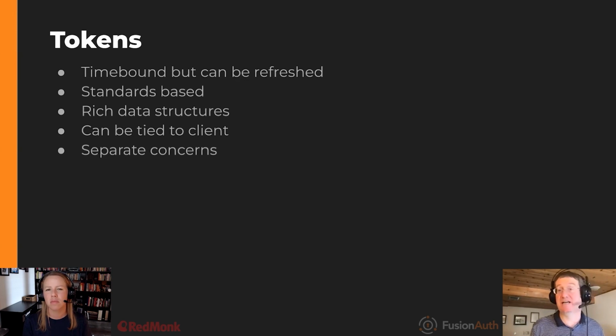Another thing that's really exciting to me about tokens is we're moving towards the ability to tie tokens to particular clients. I have some diagrams coming up talking about what's a client and what are some other pieces of the token ecosystem. But with tools like DPoP and mTLS, you can actually bind a token to a particular client, as opposed to an API key or a regular token, which are basically bearer tokens, bearer credentials, might be a good way to put it.